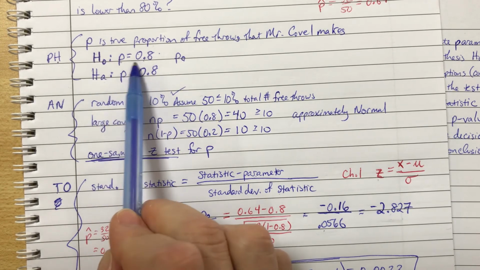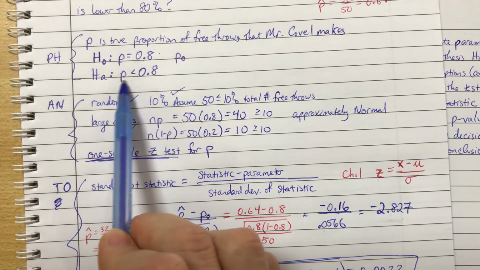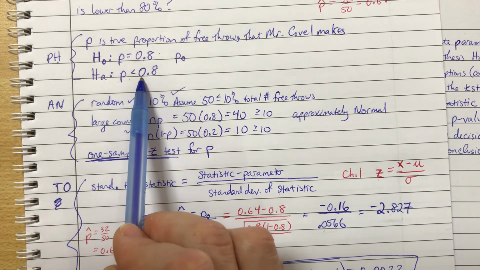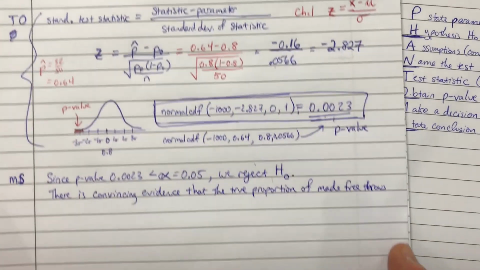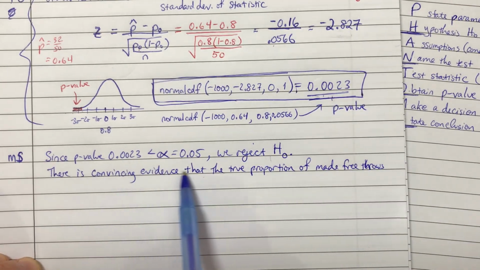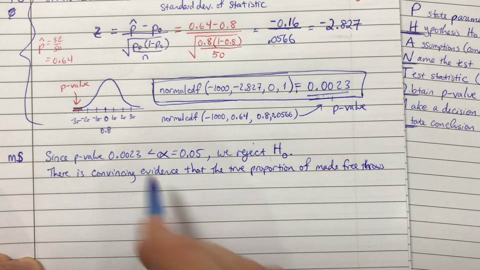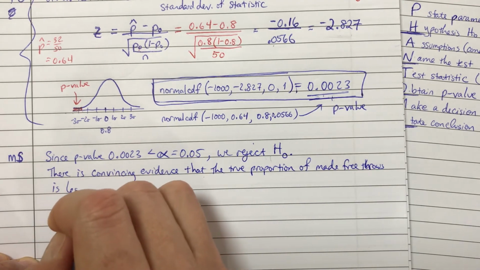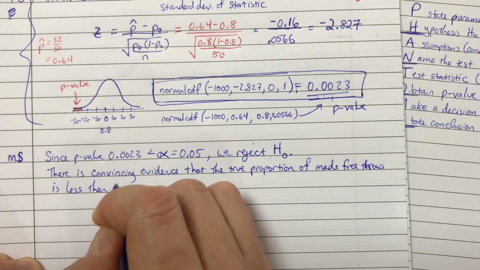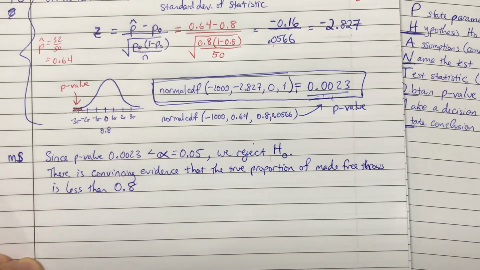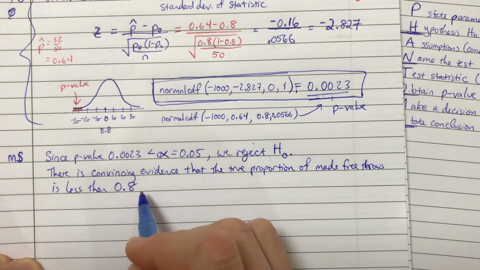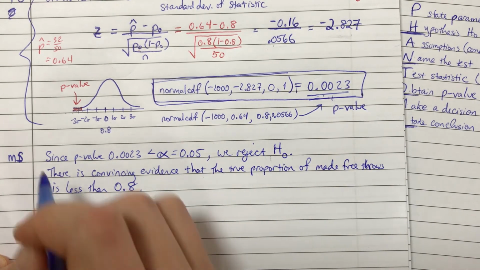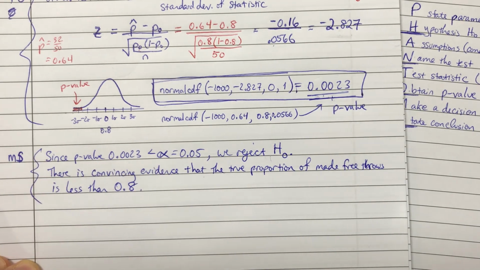This was the null hypothesis. We reject that. The alternative was that the true proportion is less than 0.8. There's convincing evidence that the true proportion of made free throws is less than 0.8. And that is the end of this problem.